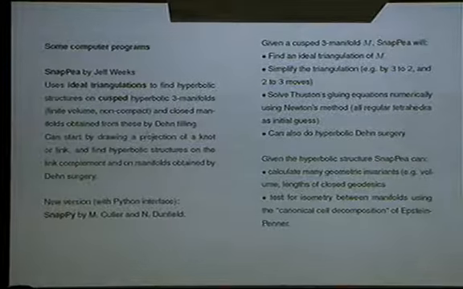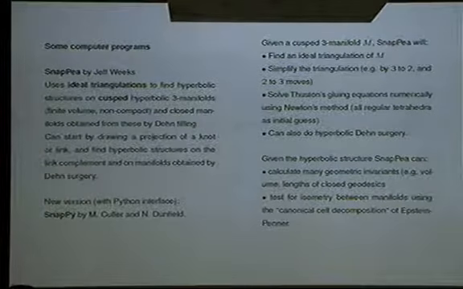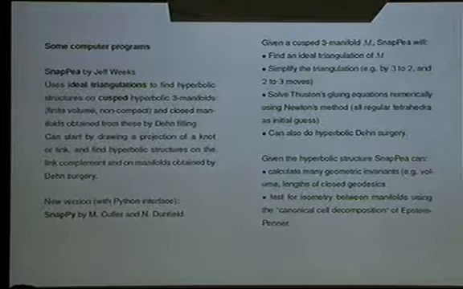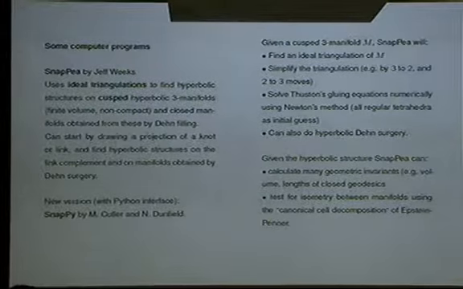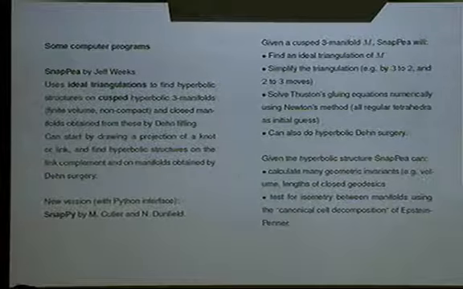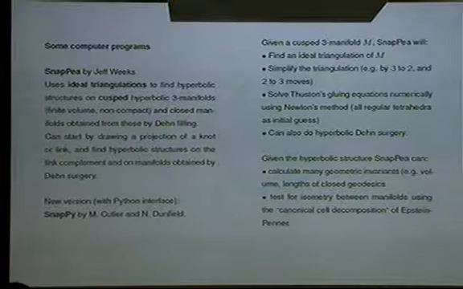And in practice, this works extremely well. Once you've simplified the triangulation, usually SnapPy will very quickly find you a solution with positively oriented tetrahedra, giving a hyperbolic structure. And you can also do this with hyperbolic Dehn surgery by adding these extra holonomy equations that I talked about before. So this is all numerical calculations based on Newton's method.